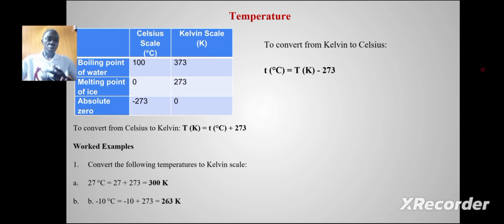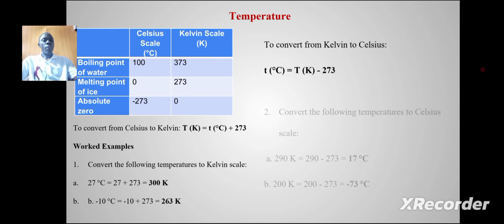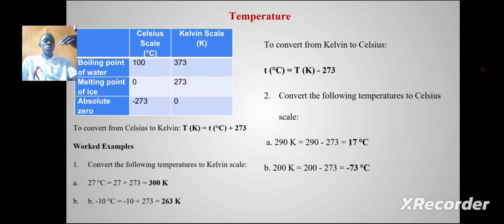To convert from Kelvin to Celsius, just like I've said, subtract 273 from the Kelvin temperature. So 290 Kelvin, to be converted to degrees Celsius, we subtract 273 from it. And then 200 Kelvin, subtract 273 from it, to get minus 73 degrees Celsius.